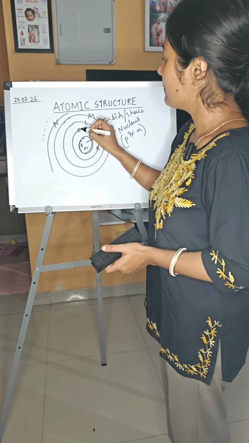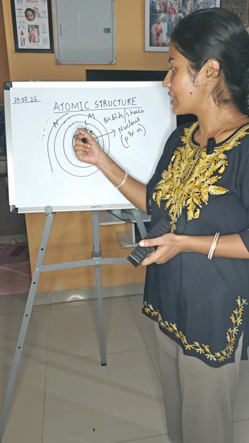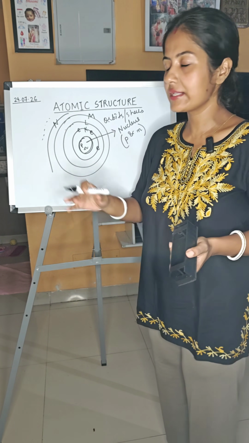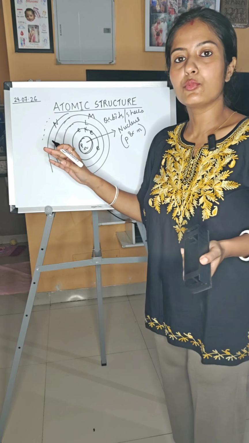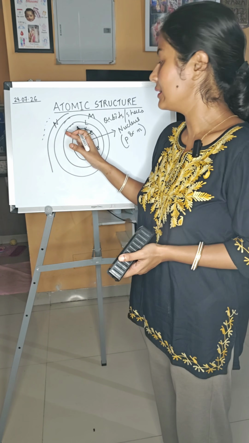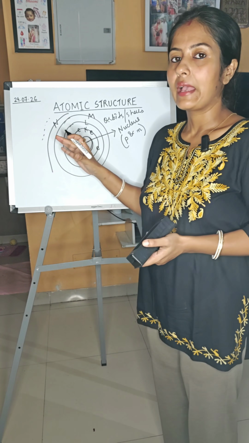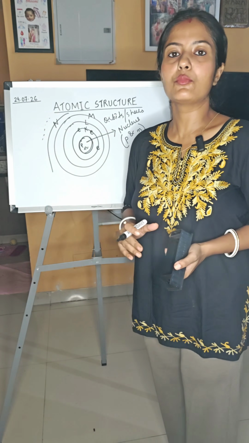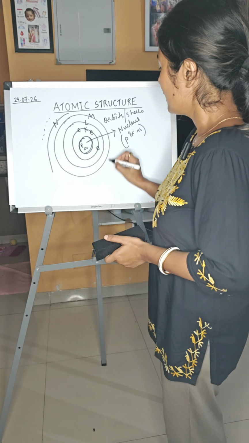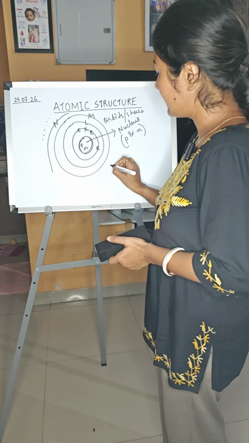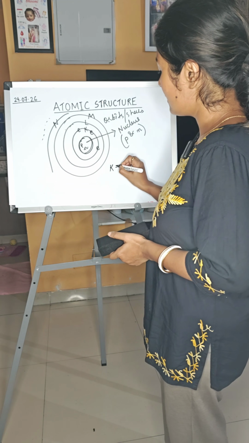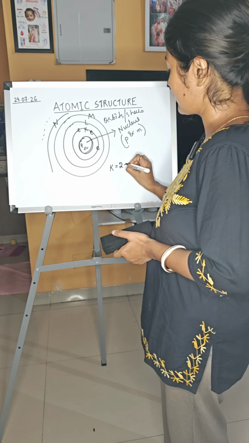Now, what is the maximum capacity of the shell for accommodating an electron? For example, we cannot accommodate n number of electrons in a shell. Every shell has a maximum capacity of accommodating electrons. For example, the first shell, that is the K shell, can accommodate a maximum of 2 electrons.